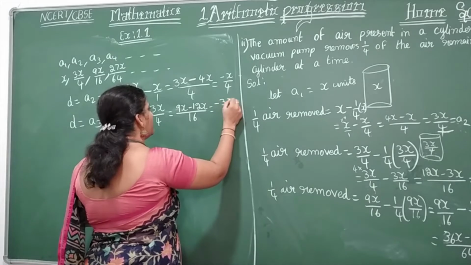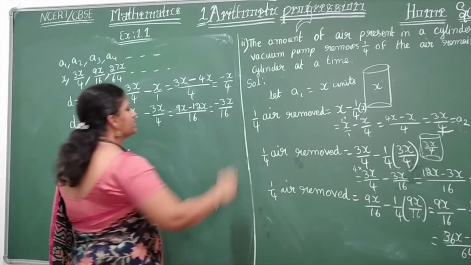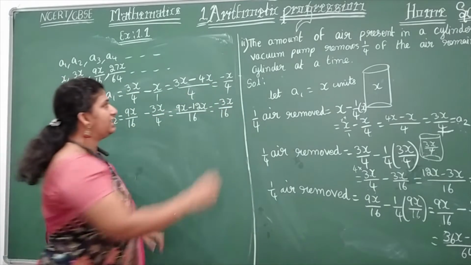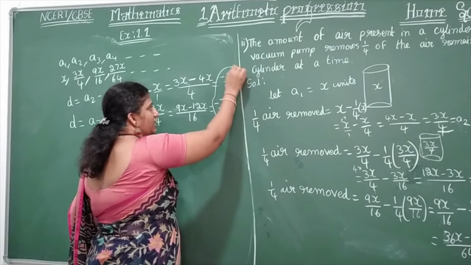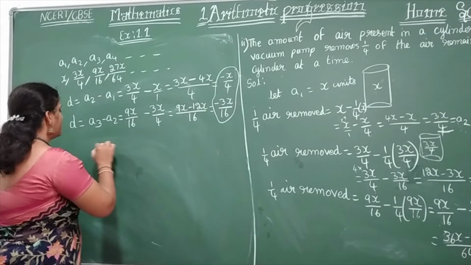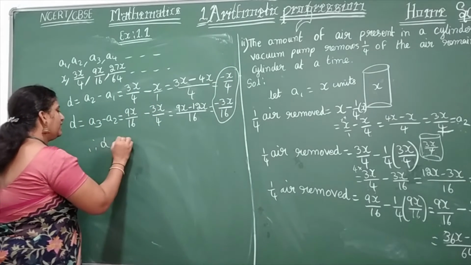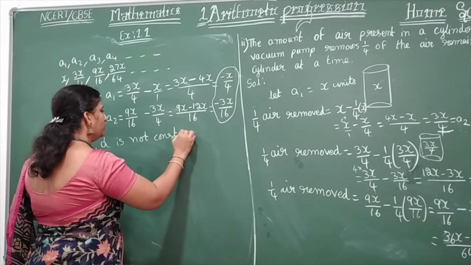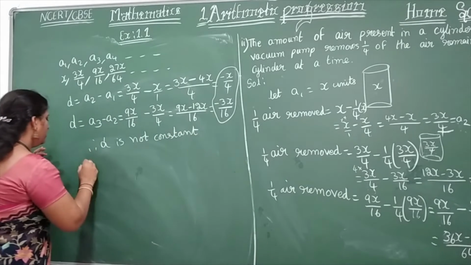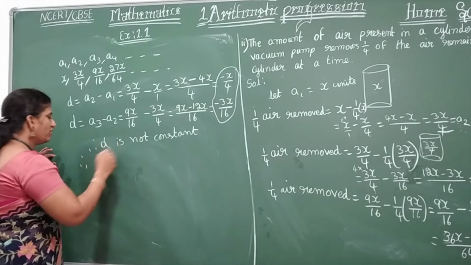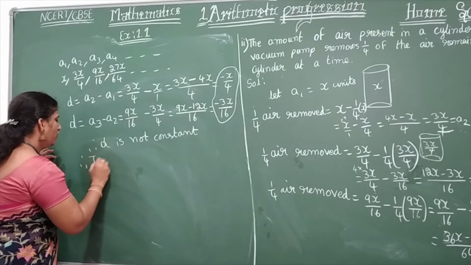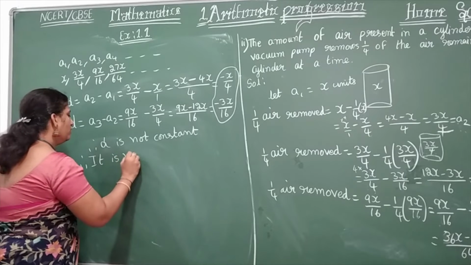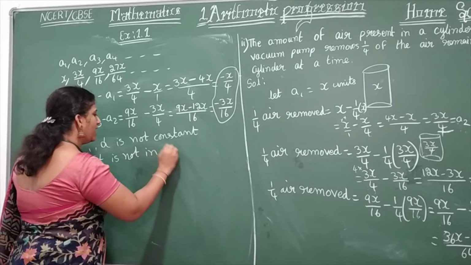Okay, this will be again minus 3x by 16. Look here, children, D is not constant. Therefore, the given list of numbers is not in AP.